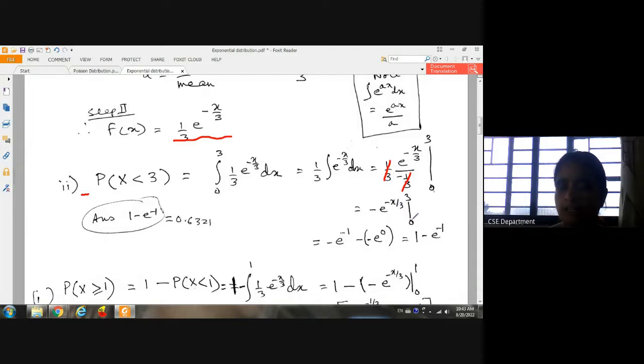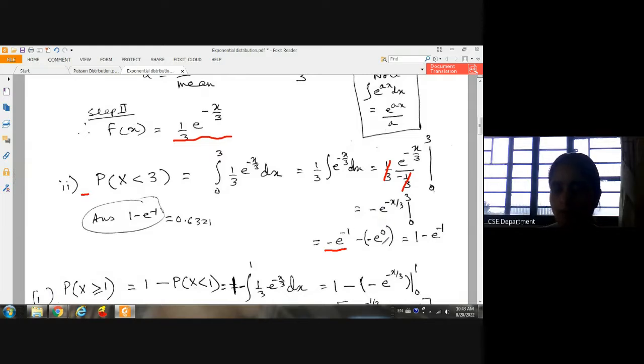The limits of the integral are from 0 to 3. First we substitute 3: minus e power minus 3 by 3, which is minus e power minus 1. Then minus, we substitute 0: minus e power minus 0 by 3, which is 0 itself.